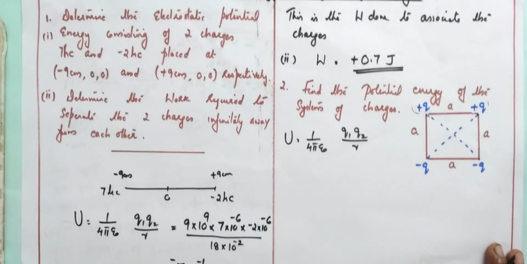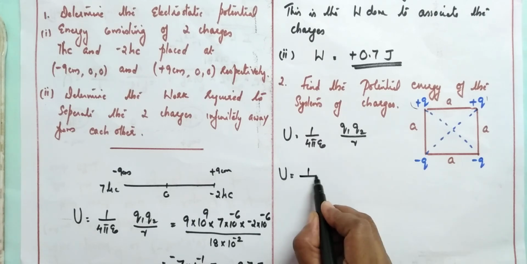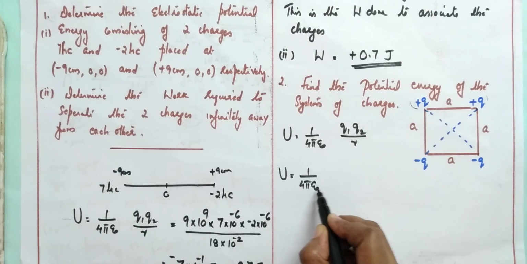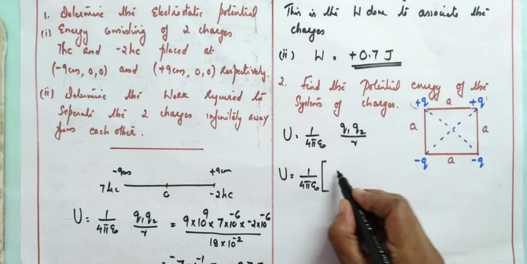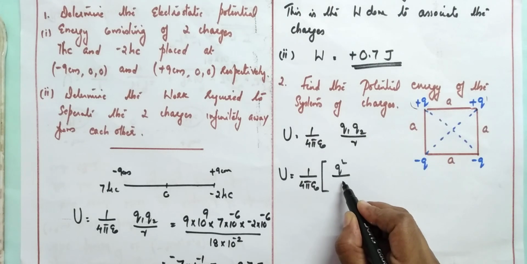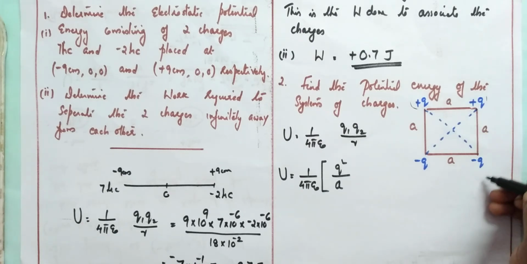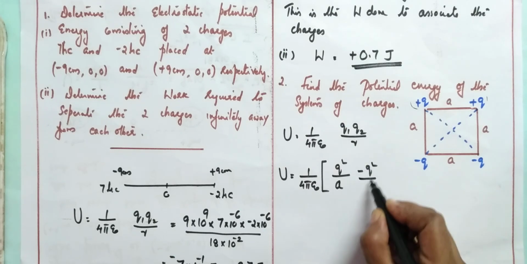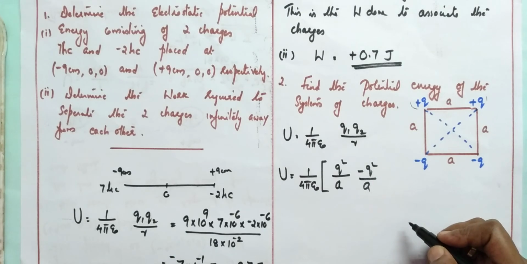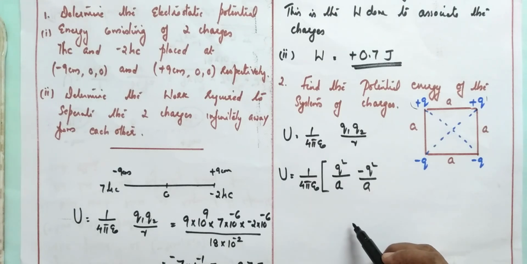So we have the general formula for potential energy, 1 by 4 pi epsilon 0 Q1 Q2 divided by R. The total potential energy can be written by taking 1 by 4 pi epsilon 0 common. Between these two charges is Q square divided by A, the distance between them. Between plus Q and minus Q is minus Q square divided by A, because plus Q into minus Q is minus Q square.